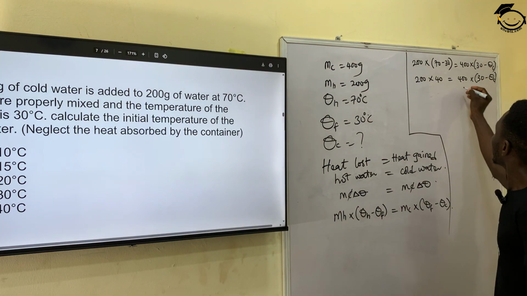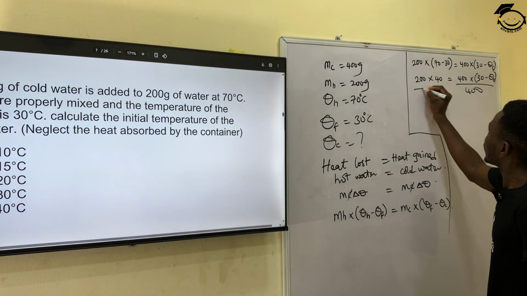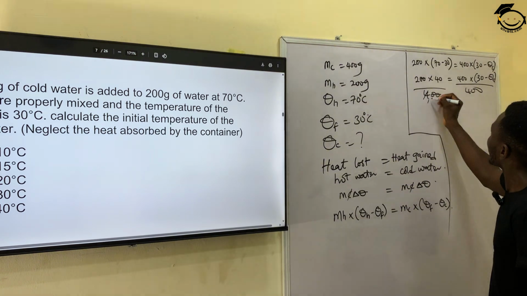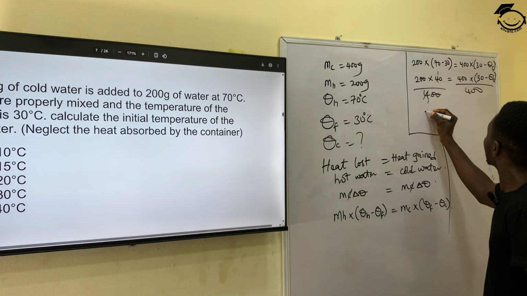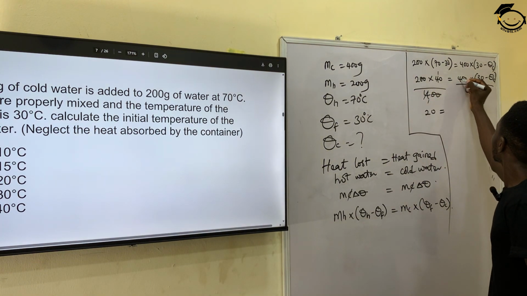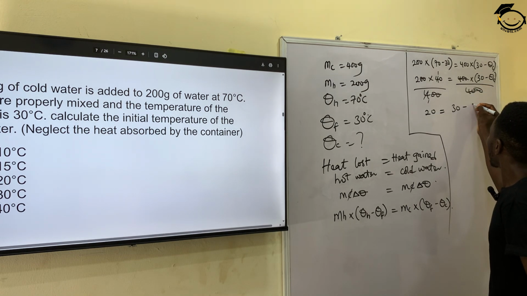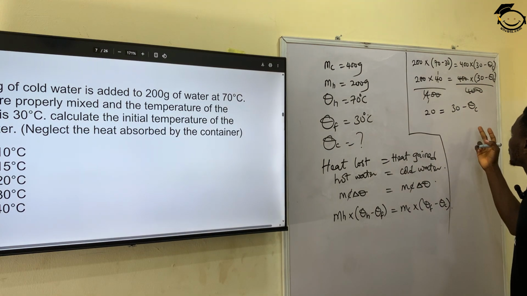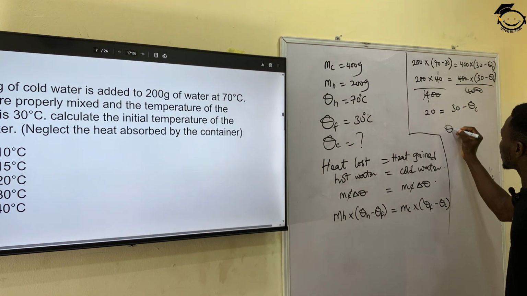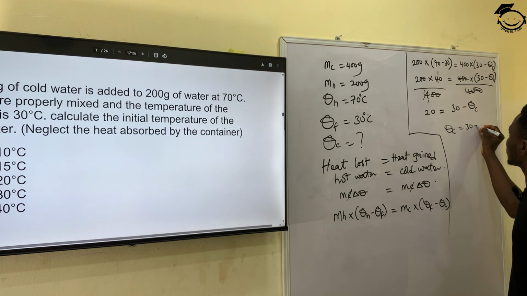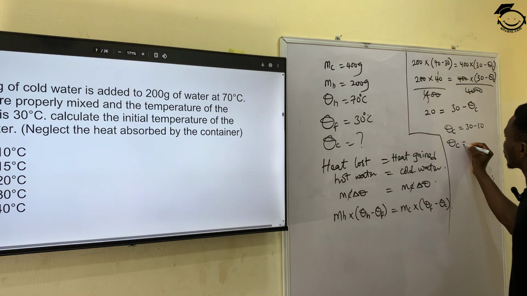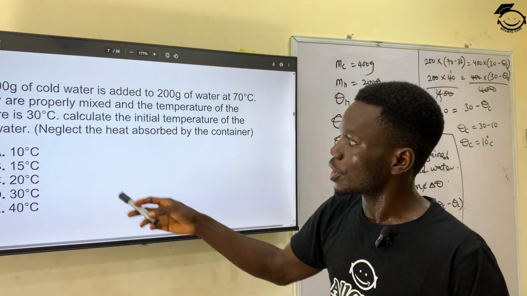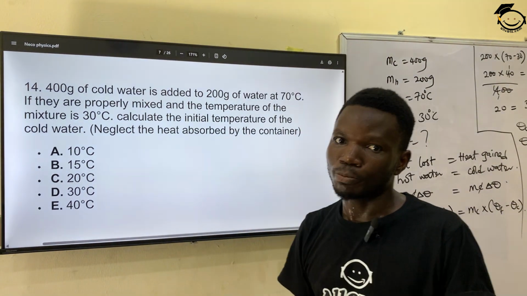I divide both sides by 400. The zeros cancel out, 4 here 1, 4 here 1. So that gives me 20 equals 30 minus the temperature of the cold water. If I collect like terms, the temperature of the cold water is 30 minus 10, and that gives me the temperature of the cold water to be 10 degrees Celsius, and that's option A in our options.